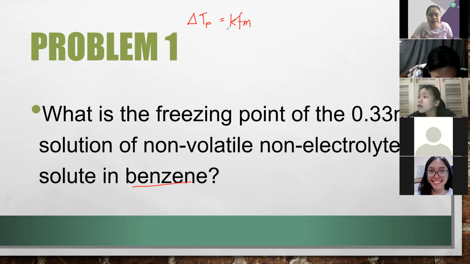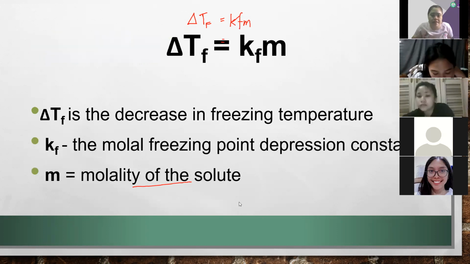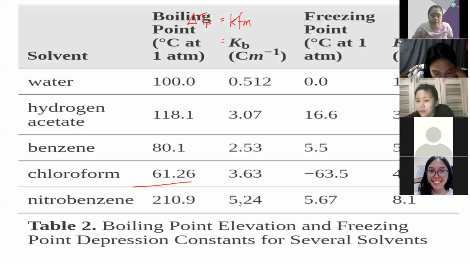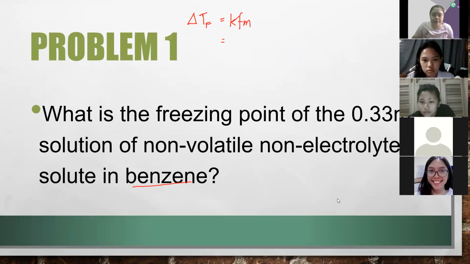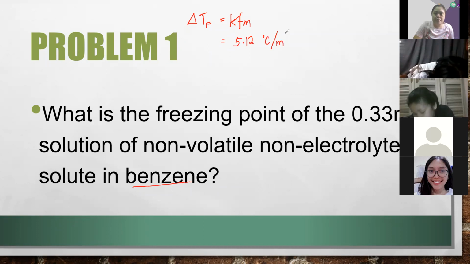It's benzene, so we are going to use the Kf of benzene. Let's go back to the table and look for benzene. Benzene freezes at 5.5 degrees Celsius and the Kf is 5.12, and the unit is degrees Celsius per molal.